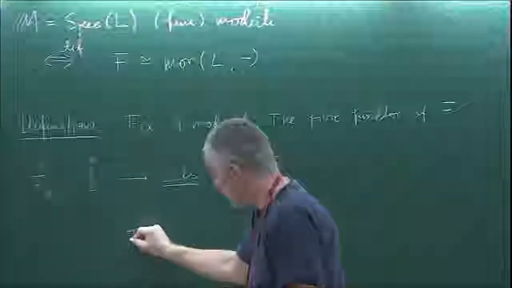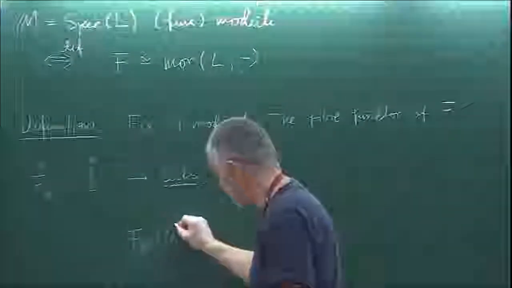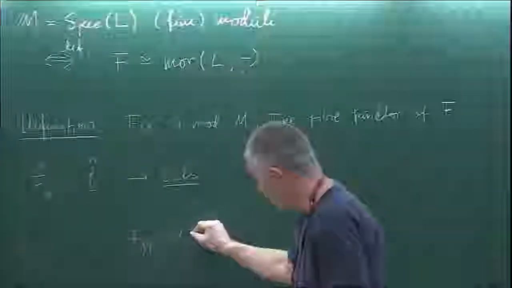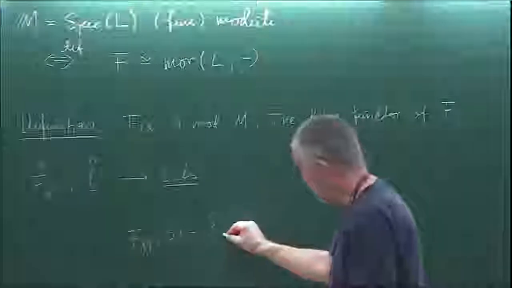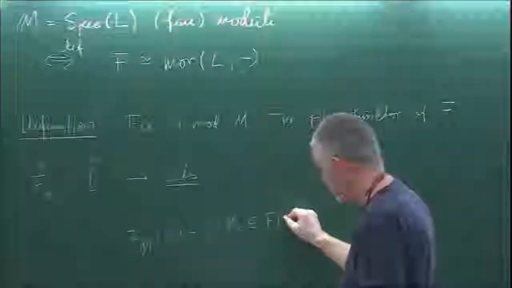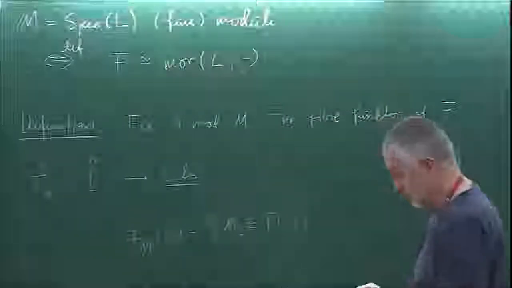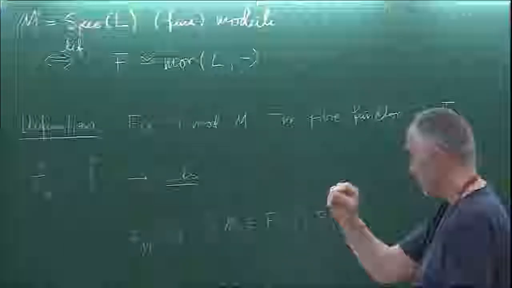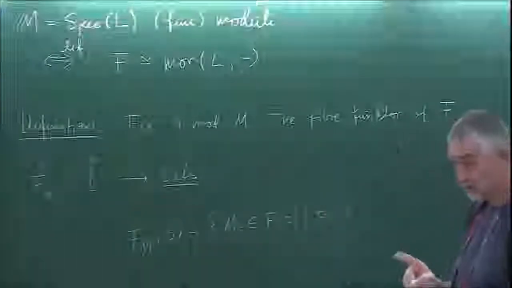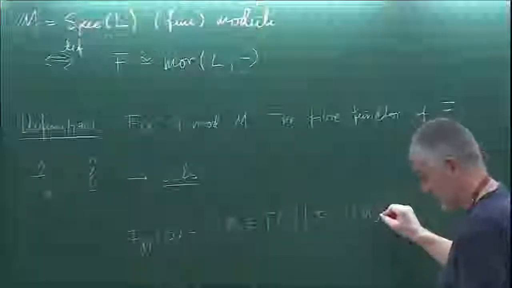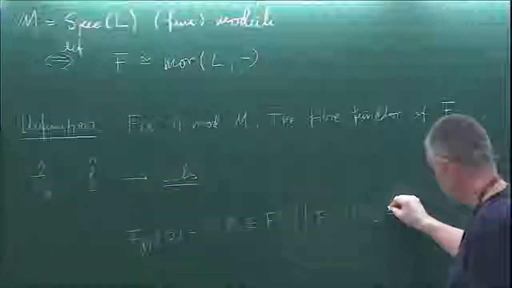And F_M of S, now I defined it without a hat, because then we just have to take the limit. It is all the modules M_S in F of S, such that F of I, to use the precise notation, and I will tell what I is afterwards, of M_S is isomorphic to M.